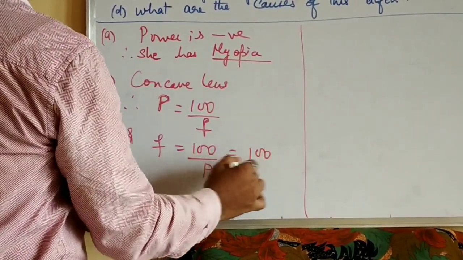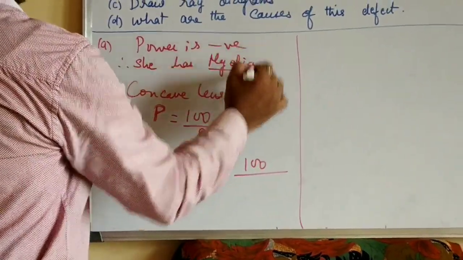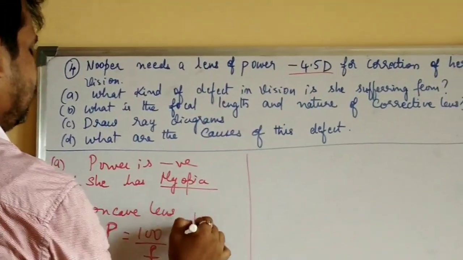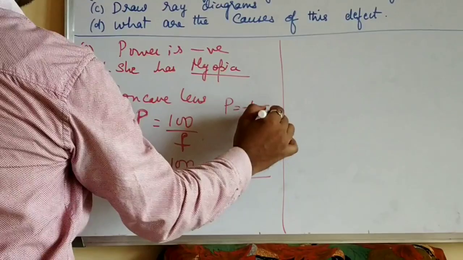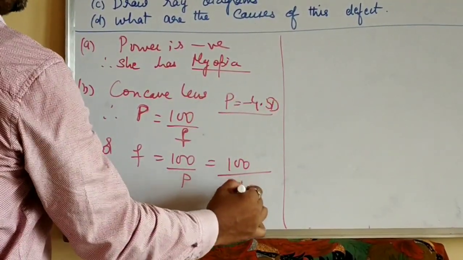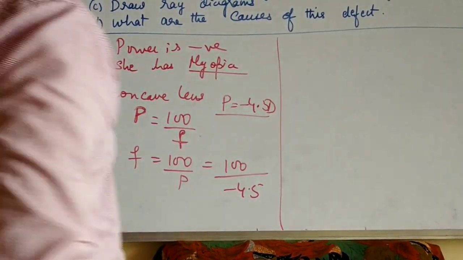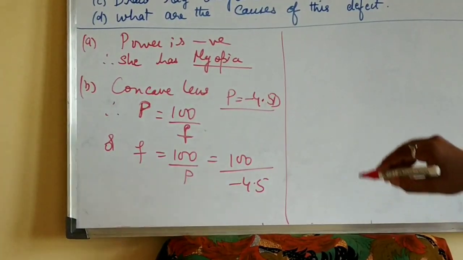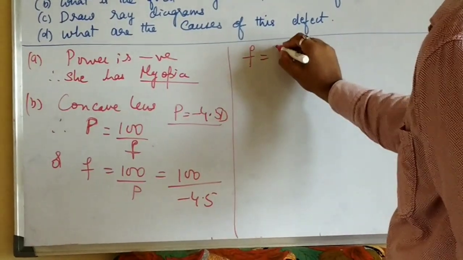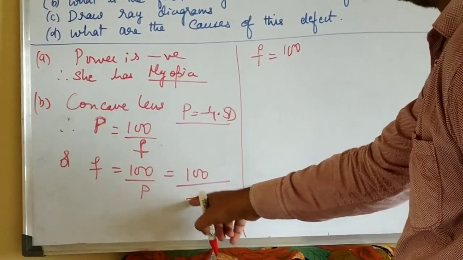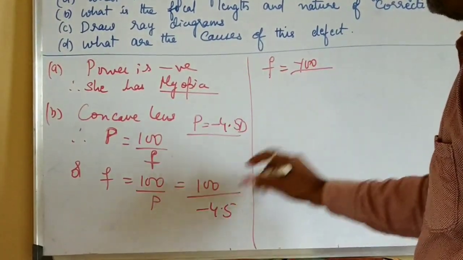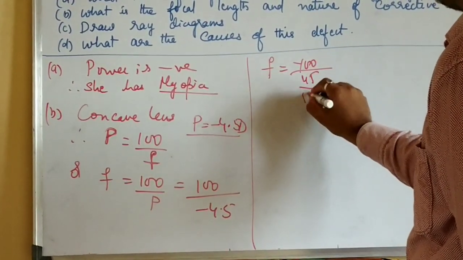What you will get? 100 divided by P, and here P is minus 4.5 diopter. So 100 by minus 4.5. So F is equal to, I'll shift this minus sign to the numerator, minus 100 by 4.5, and 4.5 can be written as 45 by 10.